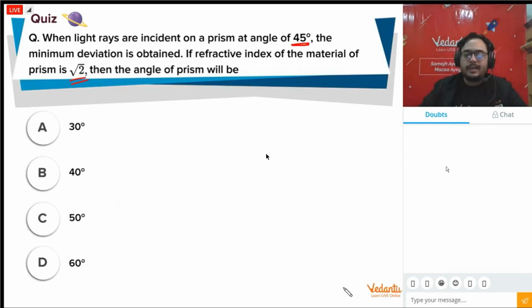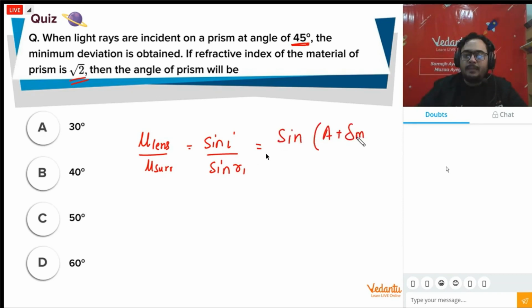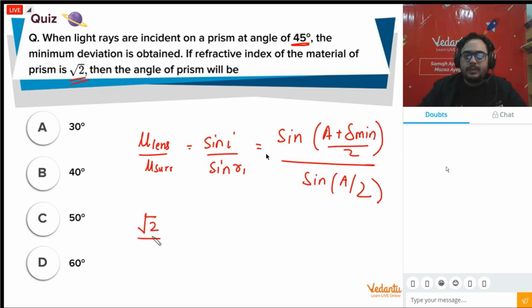So no stars, obviously. The formula you had to use is mu lens by mu surrounding is sin I by sin R1, or you can say sine A plus delta minimum by 2 by sine A by 2. So what do we use? Mu of lens is root 2, surrounding is 1. Angle of incidence is 45 degrees, so put it here.